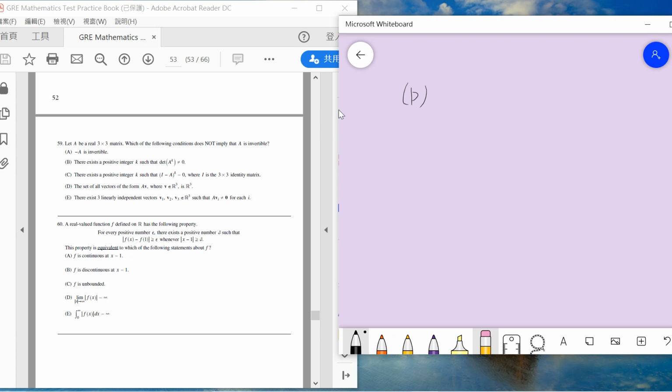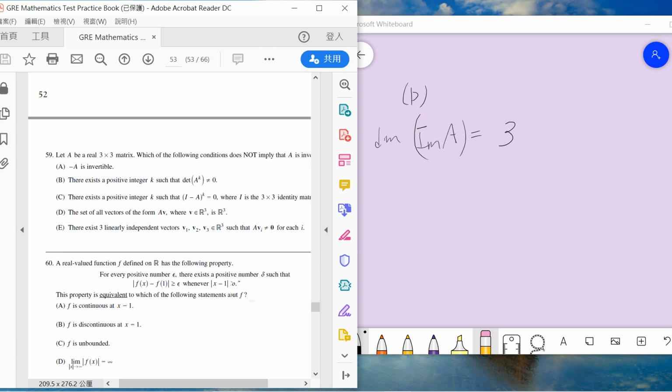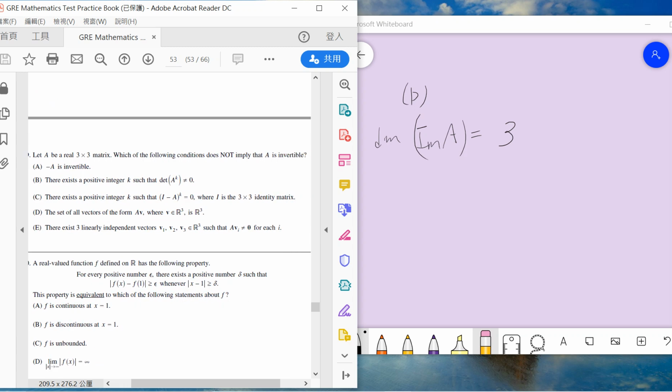In D, it tells you that the dimension of the image of A is 3. The image is the set of all vectors of the form AV, where V is in R3. Oh, it's R3.